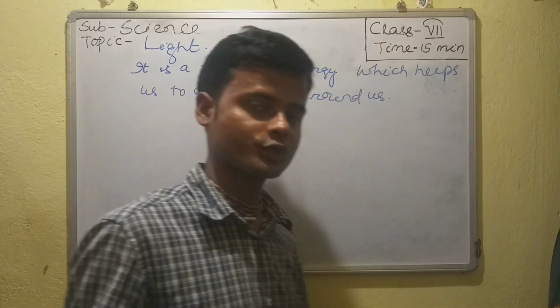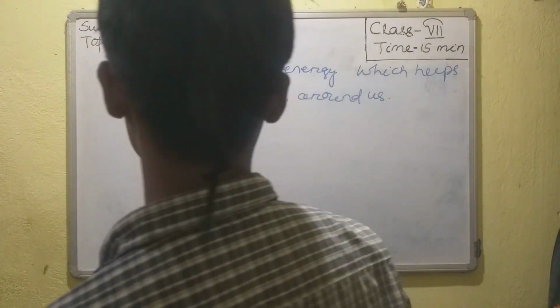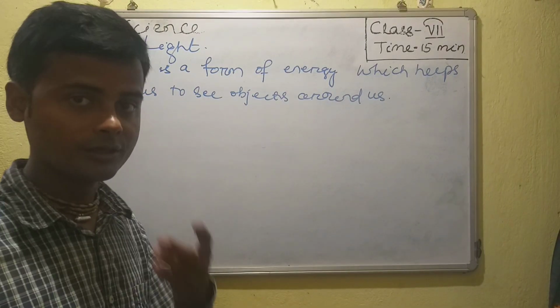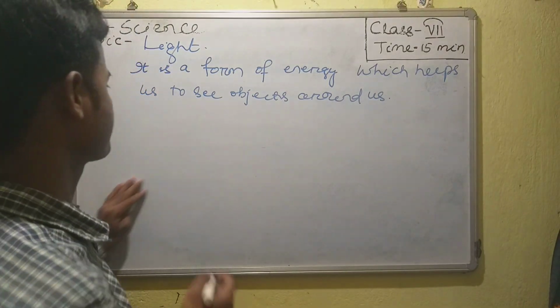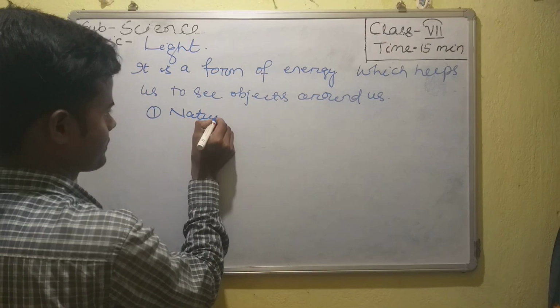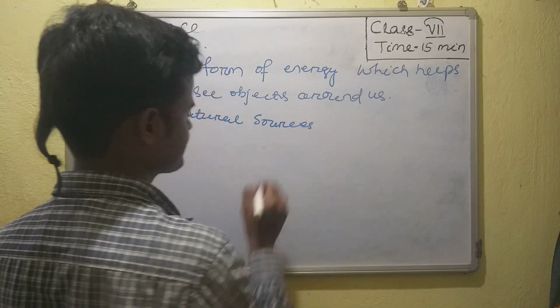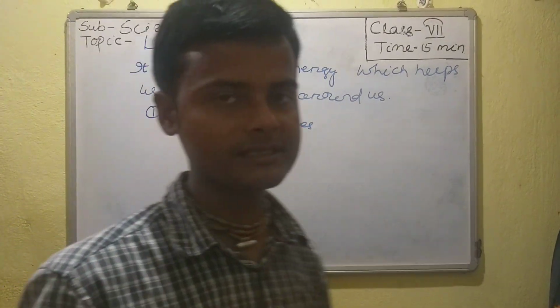For example, sun, candle, torch, these are the sources of light. So there are two types of sources of light. One is natural sources, another one is artificial sources.